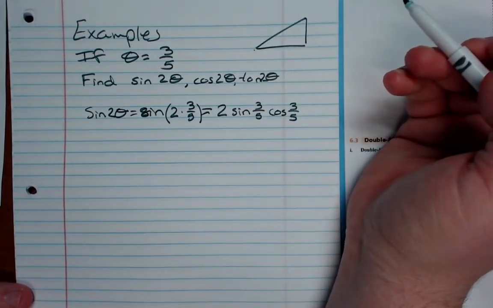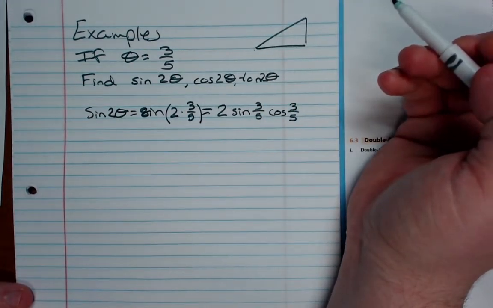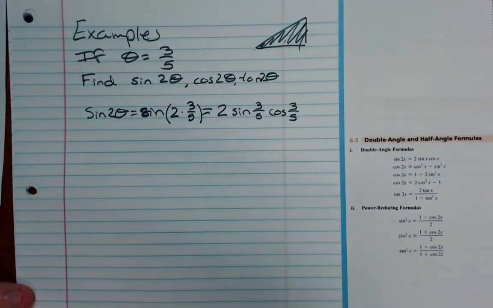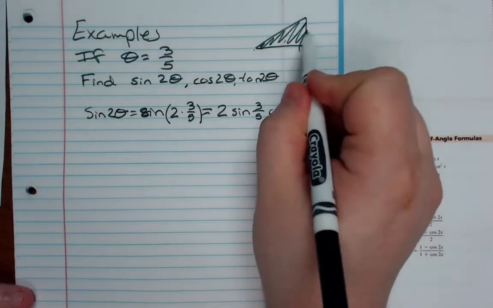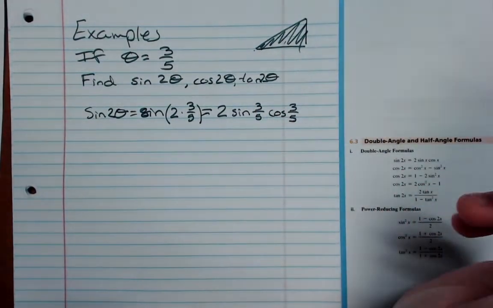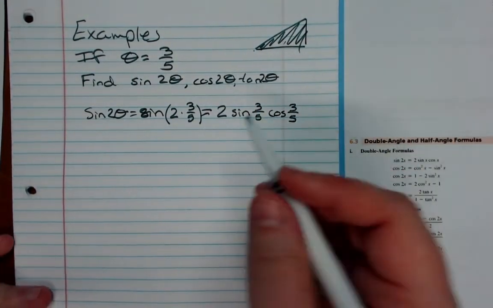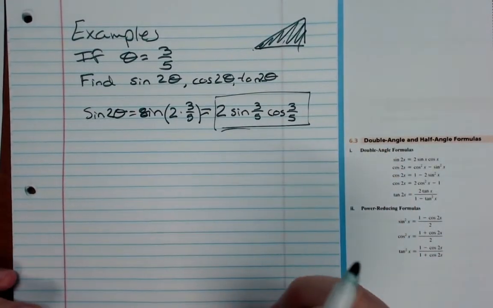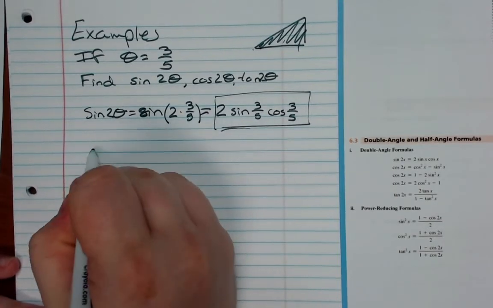Theta is 3/5. I was thinking back to our previous lesson, where we had our inverse functions. And so, this is your answer. You don't need to simplify any further.